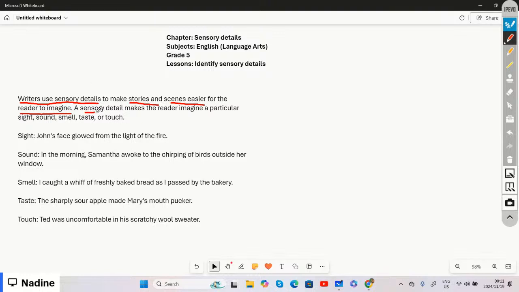And a sensory detail, right? It makes the reader imagine a particular sight, things that we can see, a particular sound, things that we can hear, smell, taste, and touch. And that is our sensory details. So, our five senses, right?